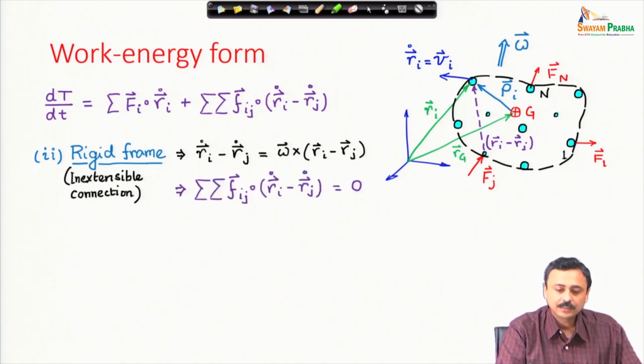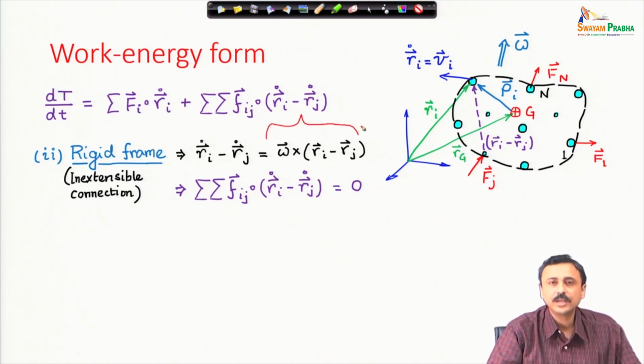Therefore, if this is true because of the rigid connectivity or rigid frame connecting the particles, then what we conclude is that r I dot minus r j dot, which is now omega cross r I minus r j, this relative velocity must be perpendicular to both omega and the relative vector r I minus r j.